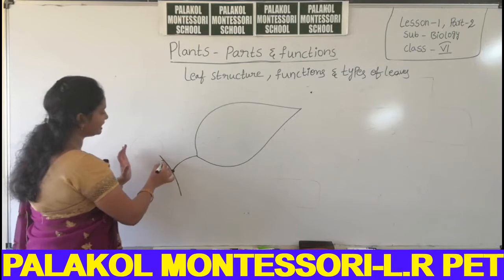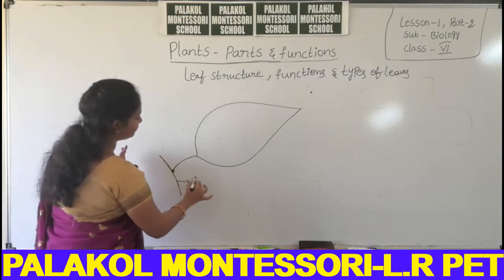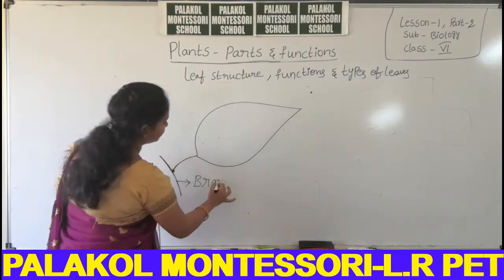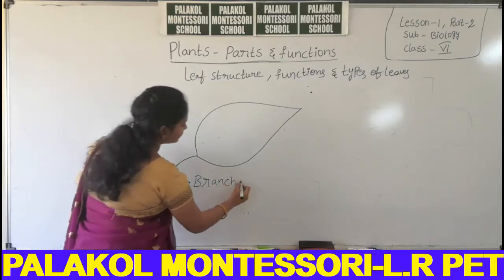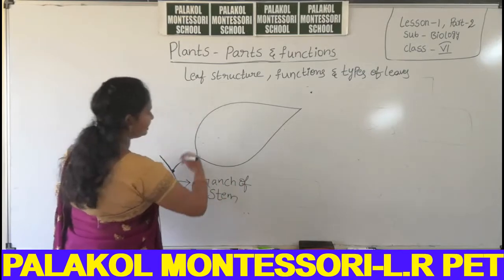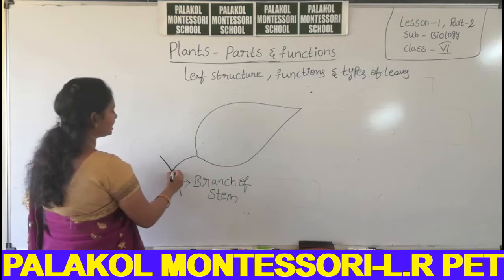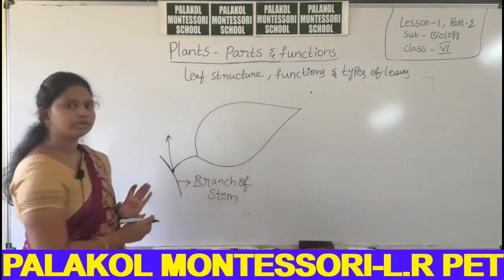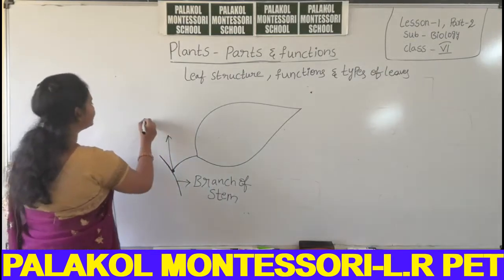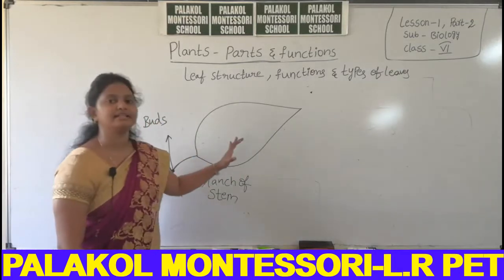From which region does a leaf arise? From a branch of stem, a leaf will arise. At which portion? I already told you, children, from the bud regions a leaf will arise.